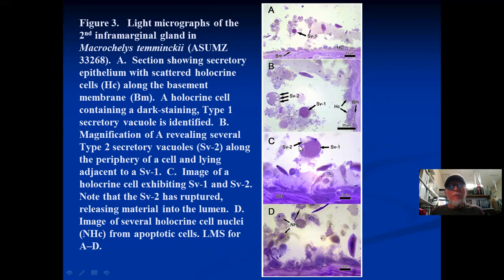In C, you can see a holocrine cell that's been released, and you can also find secretory vacuole type 1 and secretory vacuole type 2, and the type 2 here is releasing its material into the lumen, very evident there.